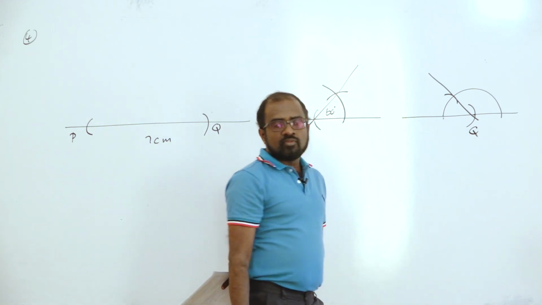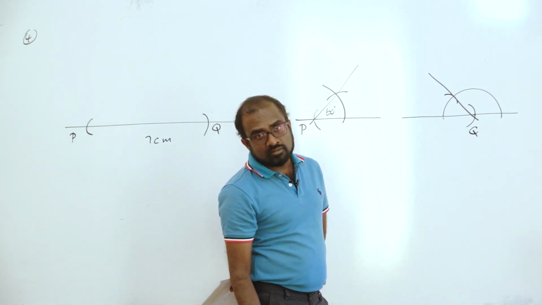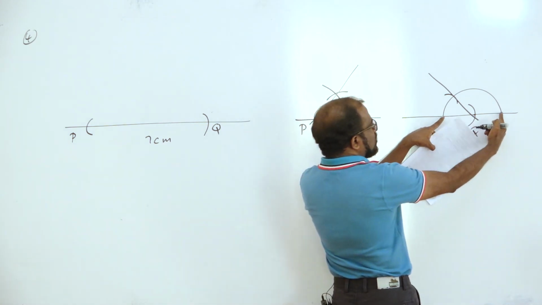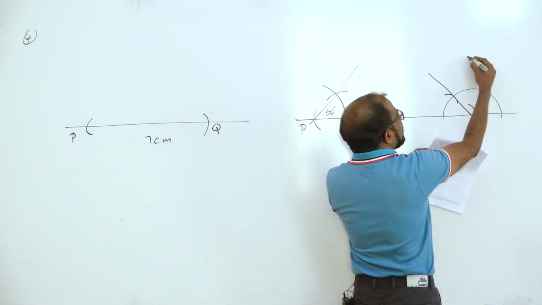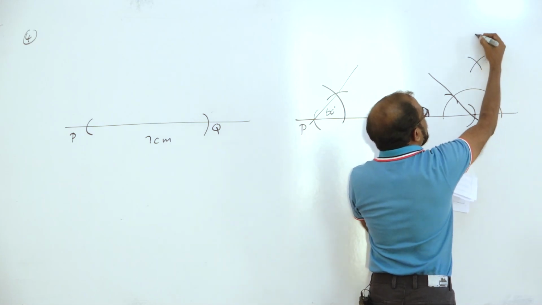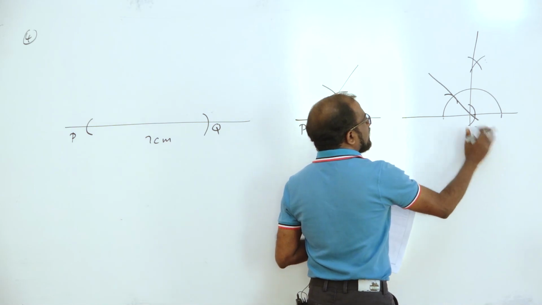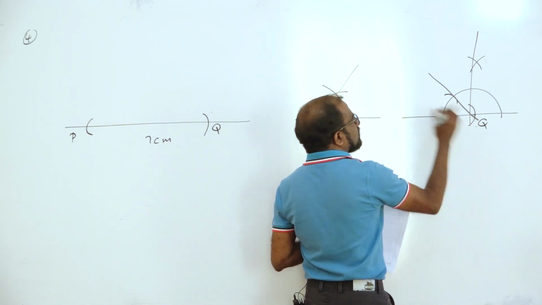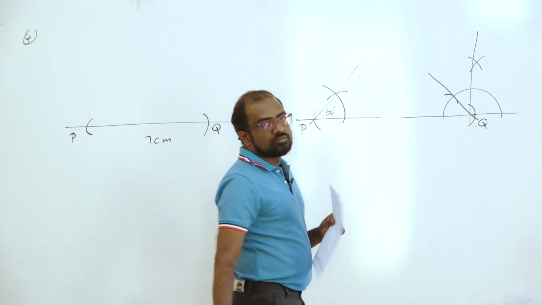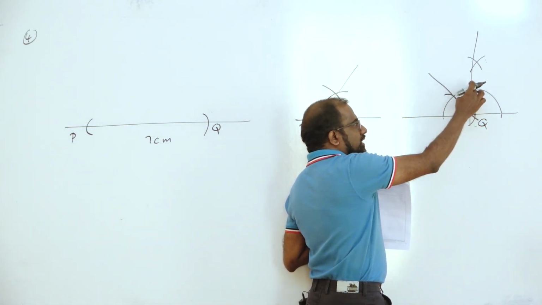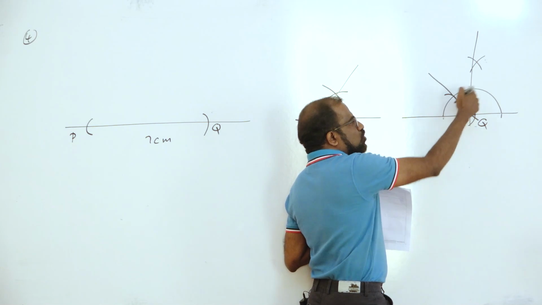Right? Then how to construct the right angle? Bisect the straight angle. Keep the compass point at these 2 points and draw 2 curves like this. How much is this? A right angle. Then this one is 60 degrees, this one 90 degrees. Now bisect these 2 angles.